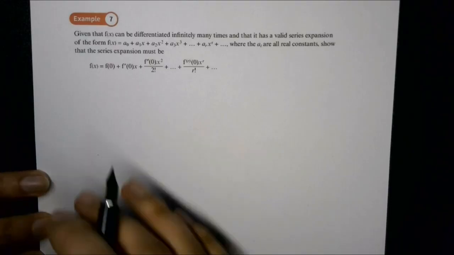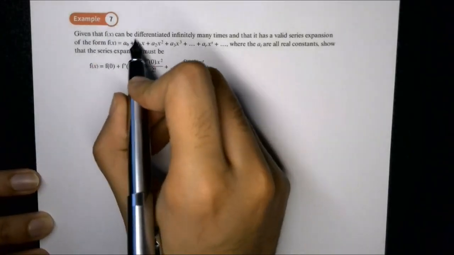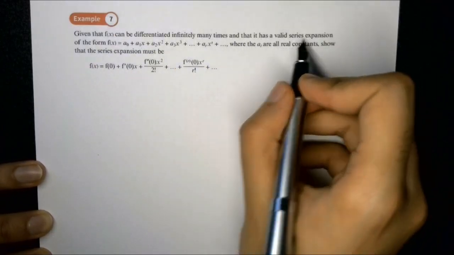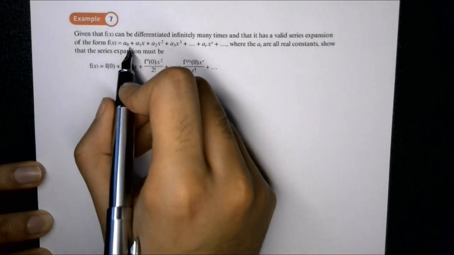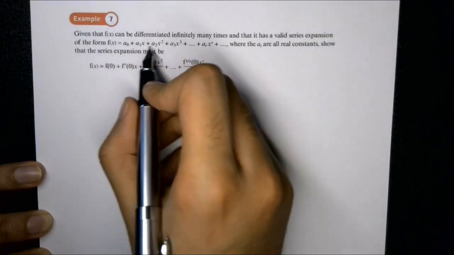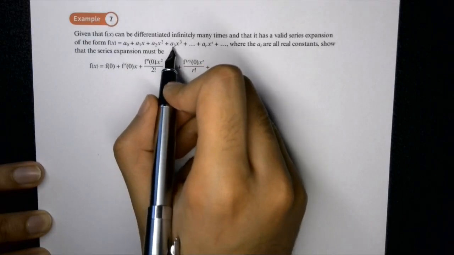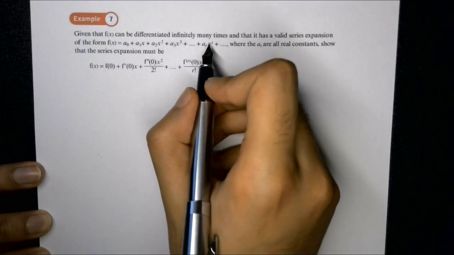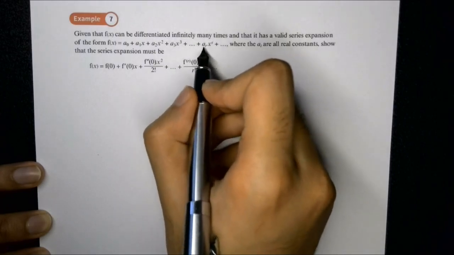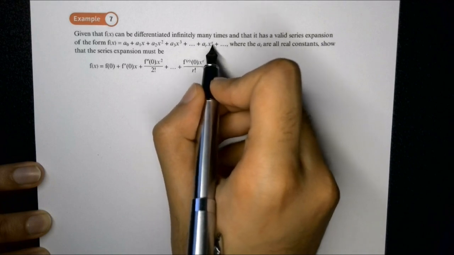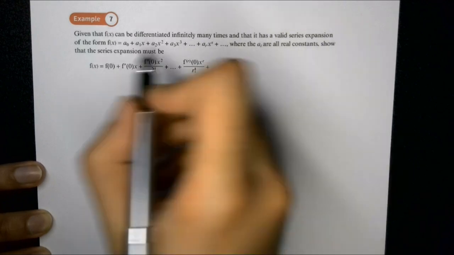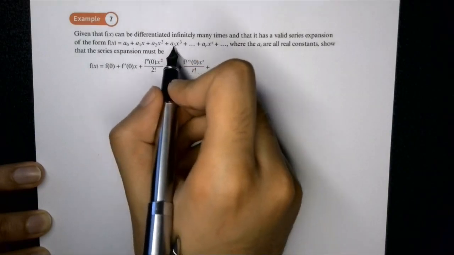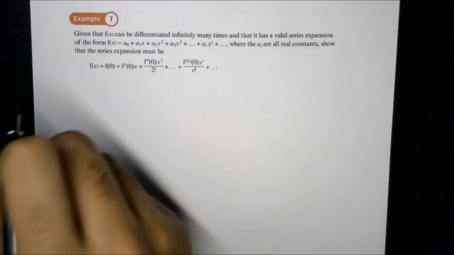Example number 7. Given that f of x can be differentiated infinitely many times, and that it has a valid series expansion of the form f of x equals a0 plus a1x plus a2x squared plus a3 x cubed, etc. Of course, we're adding on a general term ar x to the r, and of course a0, a1, a2, a3, and in general ar are all real constants.